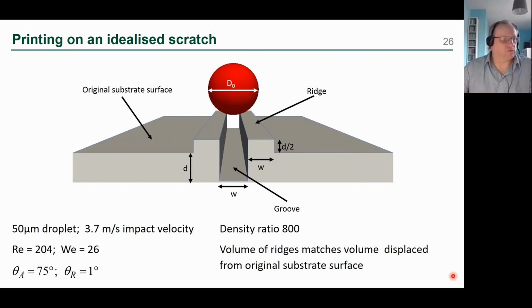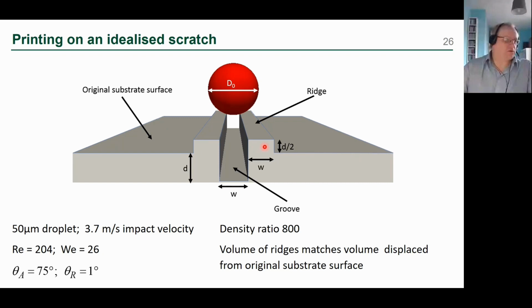So I want to get on to the main thing that Khaled was doing in his PhD. So he was looking at printing onto an idealized scratch. So here's a droplet, and we're going to base all our length scales scaled by the droplet in-flight diameter. It's going to impact centrally on a scratch, and so the dimensions of the scratch are given by W and D. D is the depth below the original surface, and it has these side ridges.